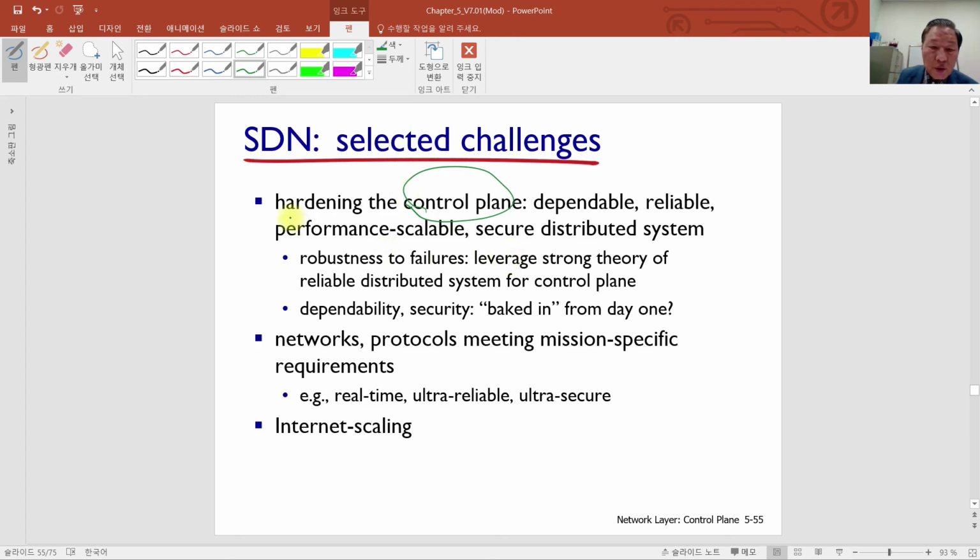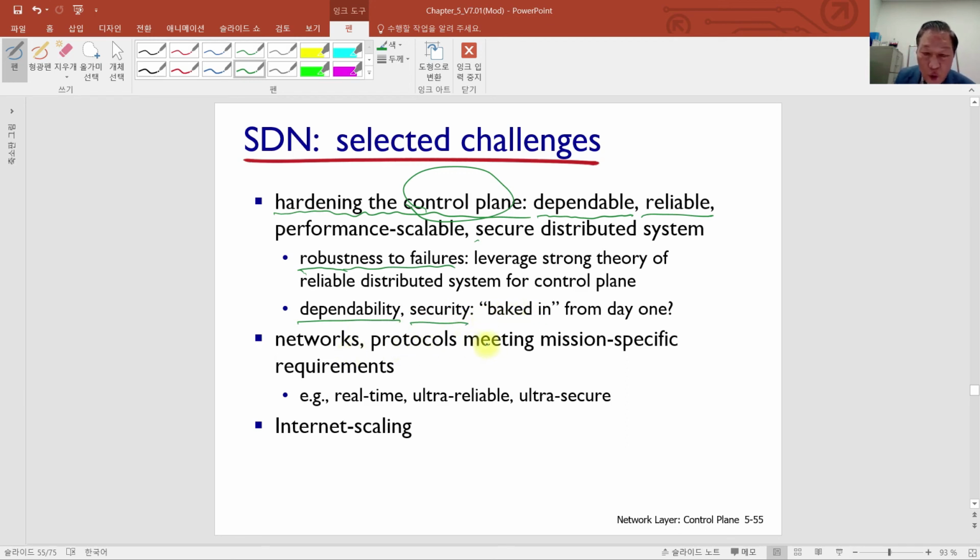Thus we need to make it more stable, in terms of dependability, reliability, performance, scalability, and security. And that should be robust, and we should consider robustness to failures. This one is leveraging a strong theory of reliable distributed systems for the control plane, and we should think about dependability and security.